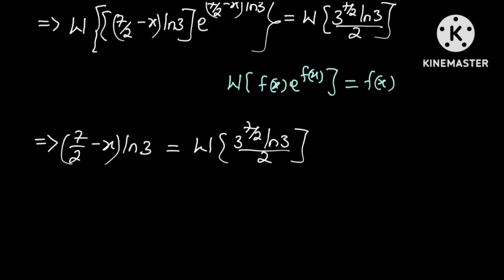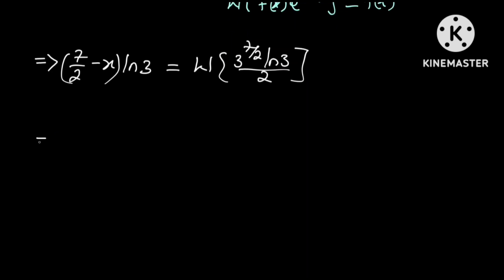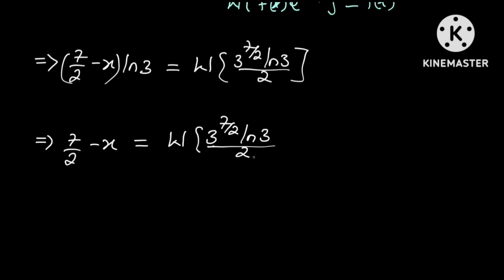And if you divide both sides by ln 3, we are going to obtain 7 on 2 minus x, which is equal to W of 3 raised to the power 7 on 2 times ln 3 divided by 2, all this divided by ln 3.